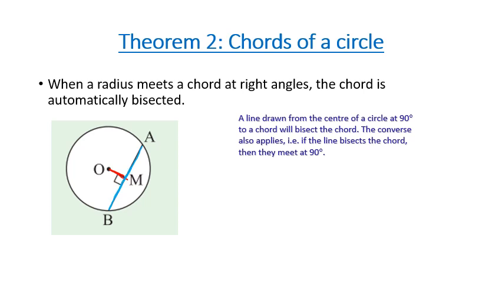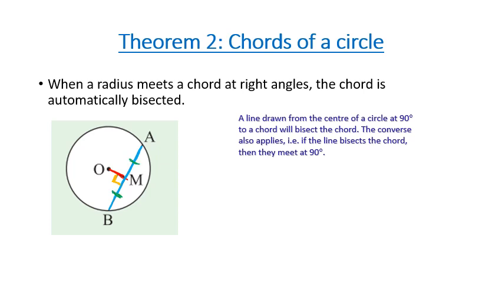That's the line that's going through the circle. And obviously that's going to meet at right angles here. That means that the radius actually bisects the chord. Bisect means that these become the same length.